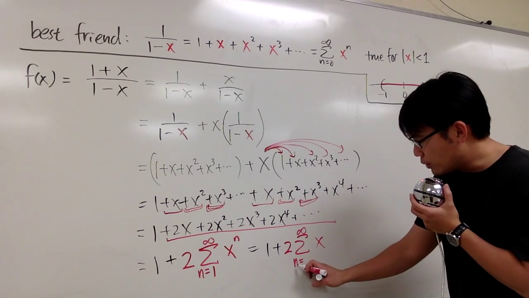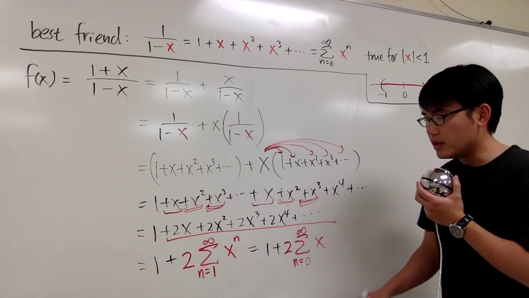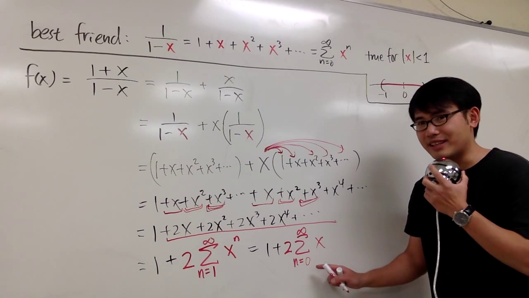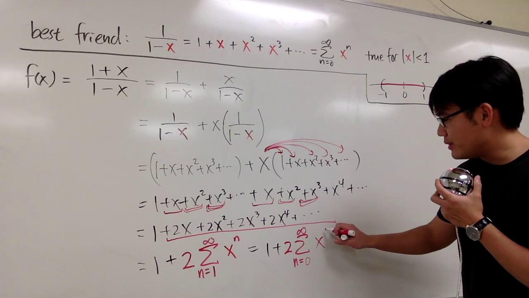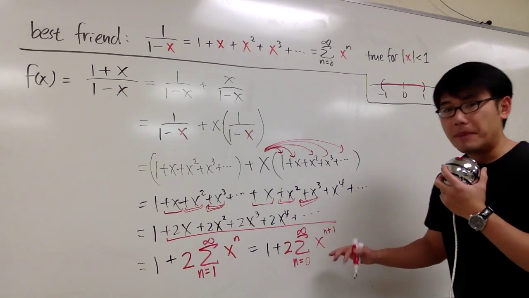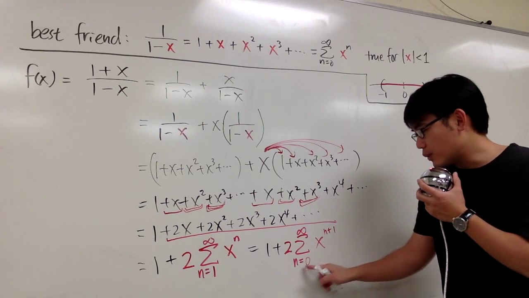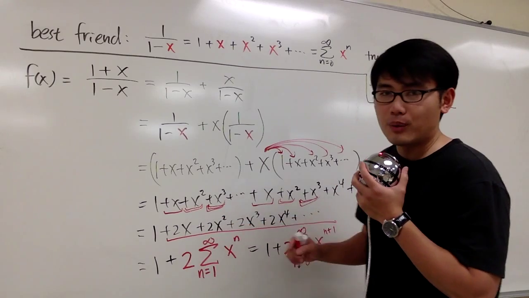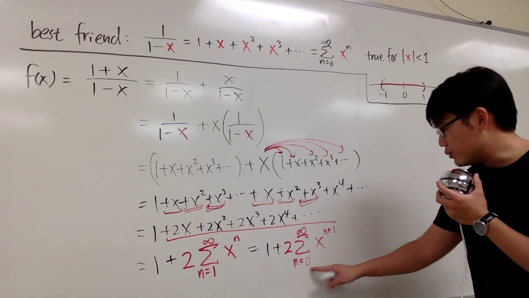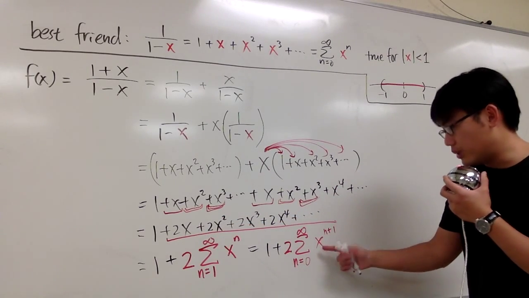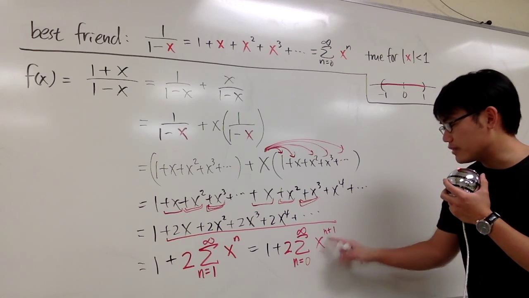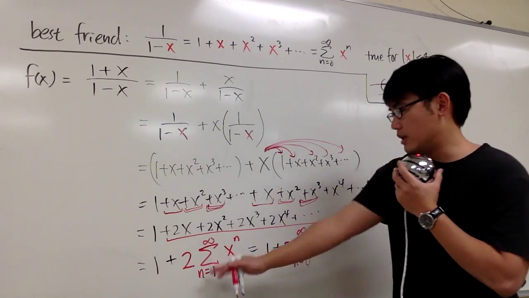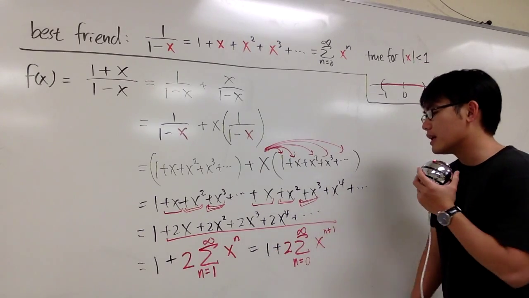If you wanted to start with n equal to 0, you just subtract 1 from the index, not the exponent, but then you have to add 1 to the exponent right here. Because in this way, if n starts with 0, you have to make sure the first thing is x to the first power. When n is equal to 0, 0 plus 1, we do have the x to the first power. These two are equivalent, depending on which one you like, perhaps.